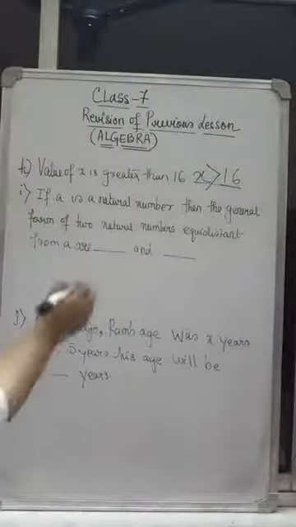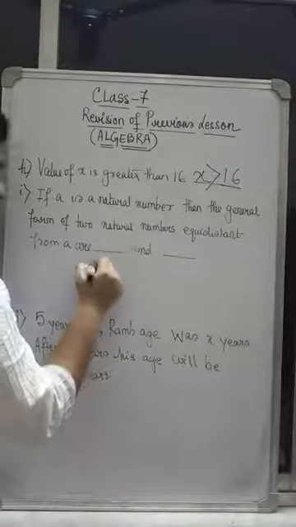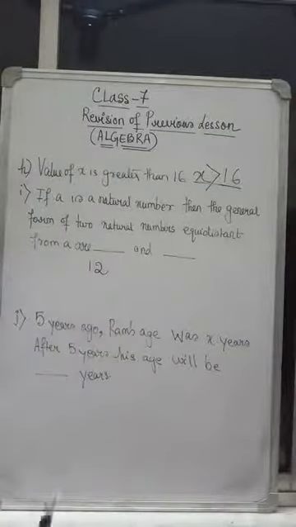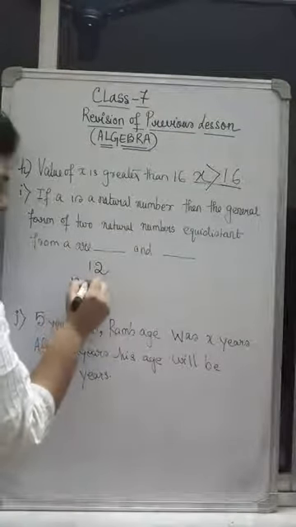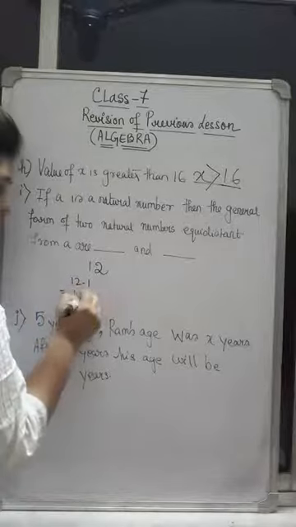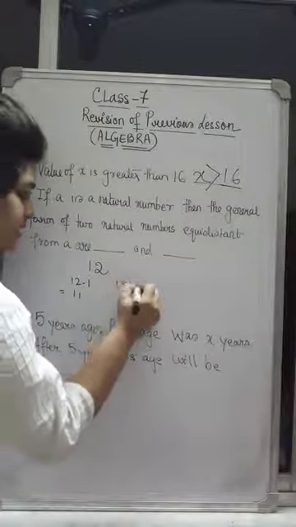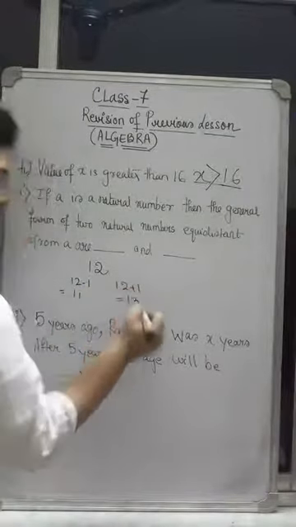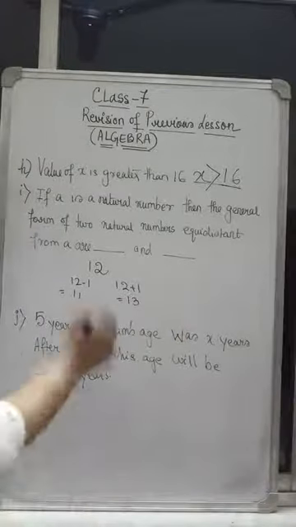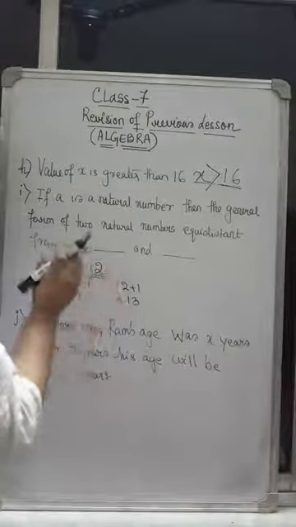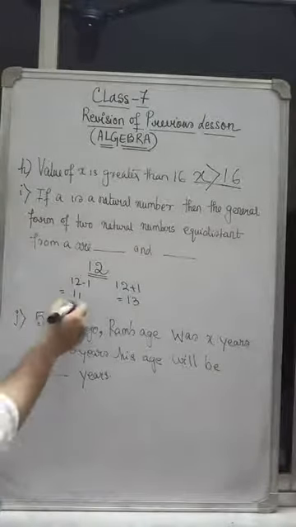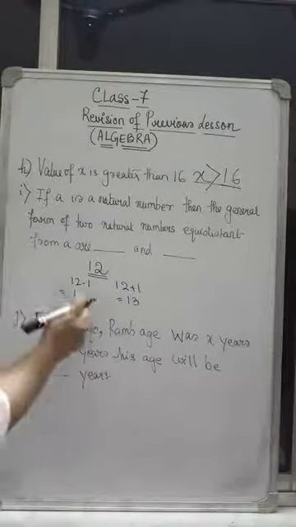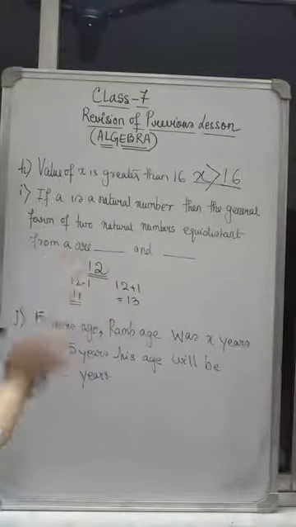For example, suppose I am taking 12. If I subtract 1 from 12, 12 minus 1, it gives me 11. And if I do 12 plus 1, it gives me 13. So I am taking 12 as the middle number, and finding two numbers which are equidistant from 12. 11 is equidistant from 12 because 11 plus only 1 gives you 12.